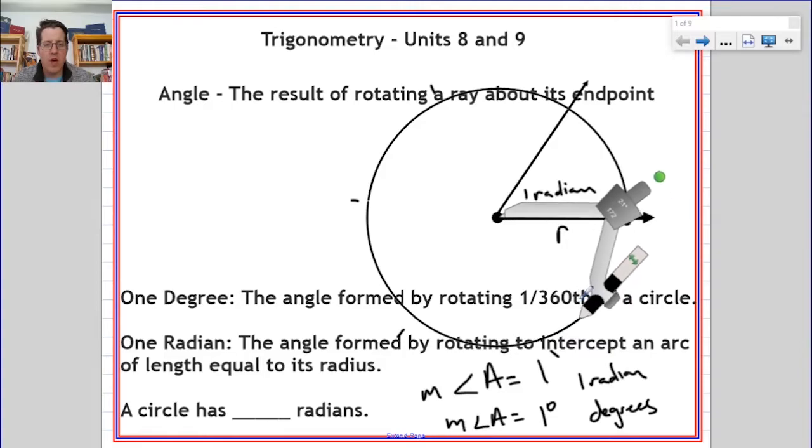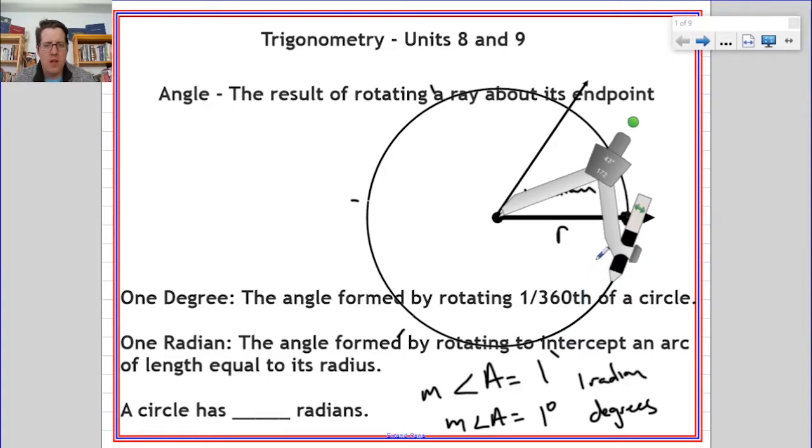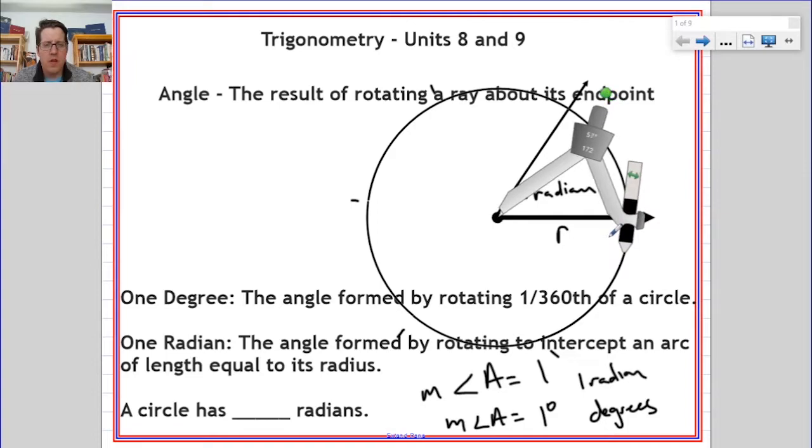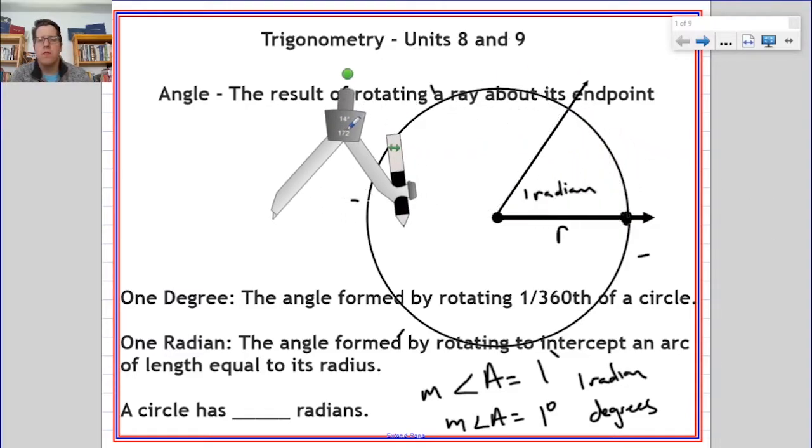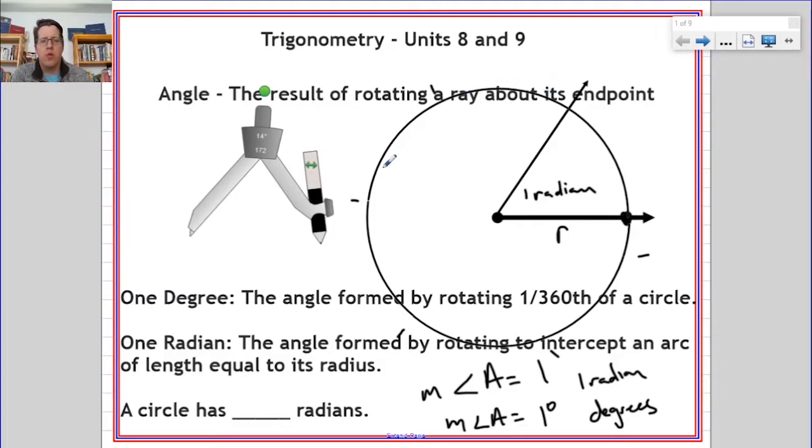And then we could go again. Let's say something like that. And then a little bit more. So, all told, we did 1, 2, 3, 4, 5, 6, and a bit. 6 and a bit.